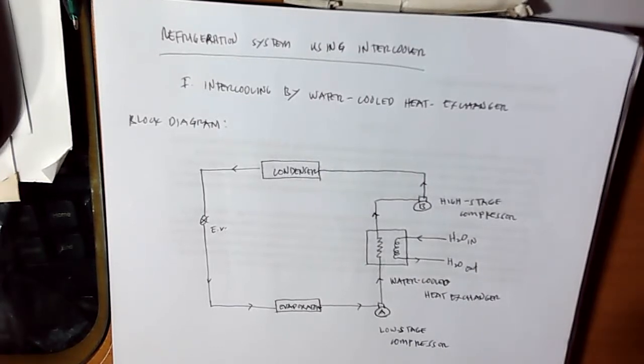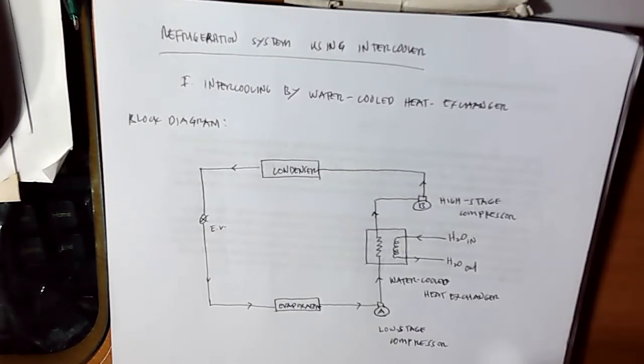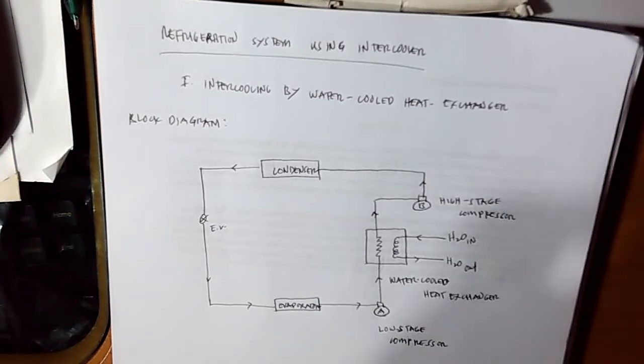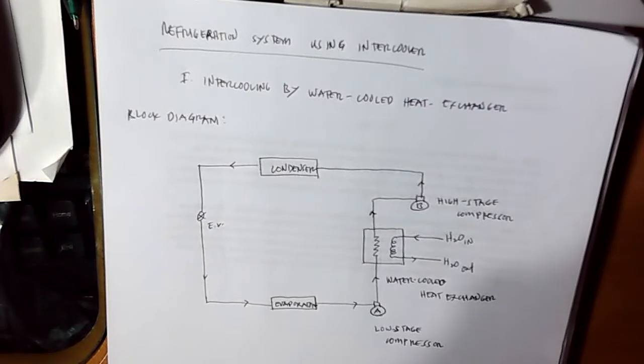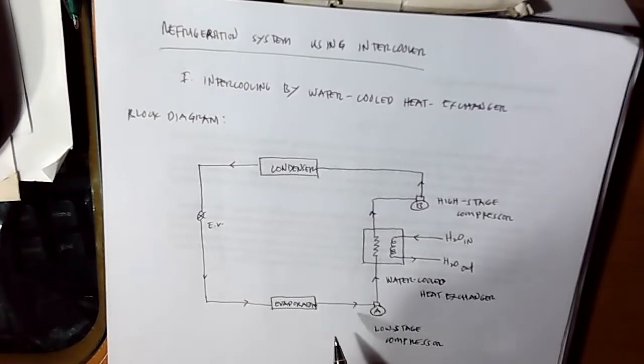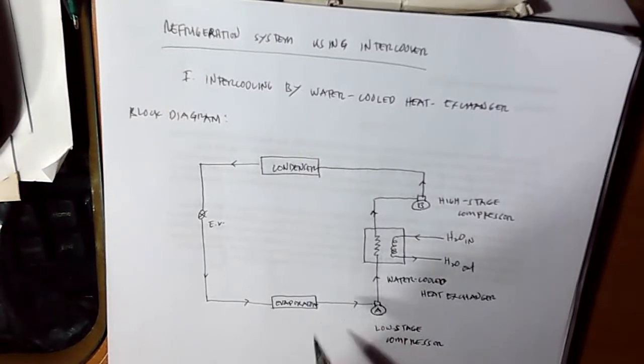Okay, so in your block diagram, we can easily determine the phase of the refrigerant upon entering and going out of each part of the refrigeration system. So when we consider compressor A, the refrigerant upon entering compressor A is considered saturated vapor.